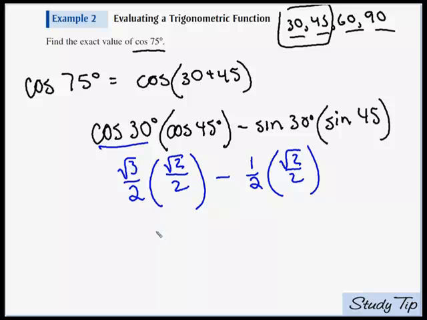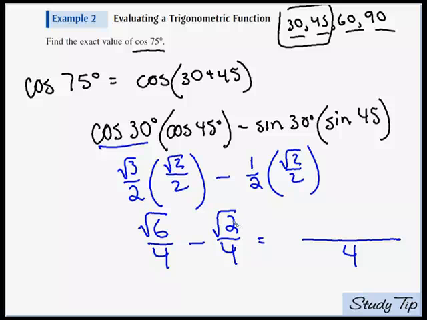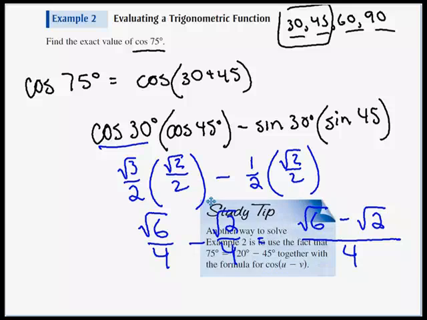And we multiply across here and get the square root of 6 over 4. Minus, here we multiply straight across and get the square root of 2 over 4. And again the common denominator is 4. And we have root 6 minus root 2, which we leave as root 6 minus root 2. Those are two irrational numbers being subtracted, so their difference is also going to be irrational.